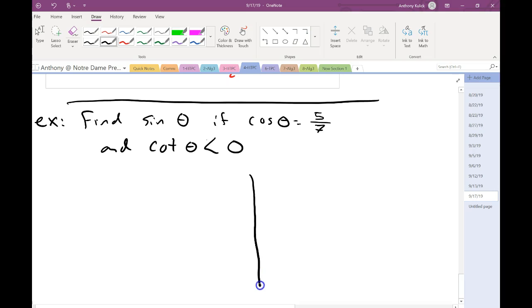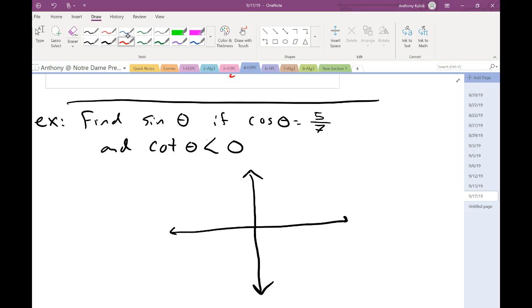So I'm going to start by drawing myself a picture. You can see that this is often an excellent way to start most of these trigonometry problems. How many times have I said I'm going to start by drawing myself a picture? Almost all of these examples I've been doing this, right?